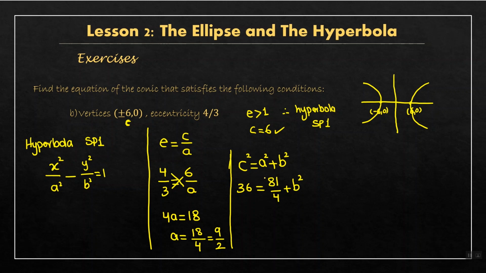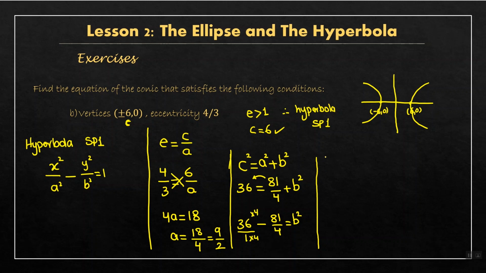Now we should move 81 over 4 to the other side. So we get 36 minus 81 over 4 equals B squared. Let's try to solve this now. We have different denominators. We'll make this over 1 times 4 times 4.